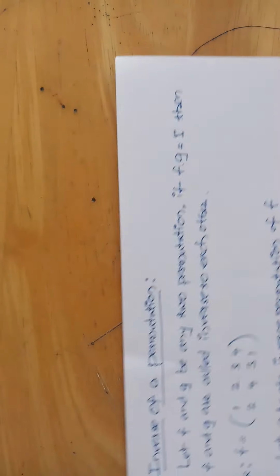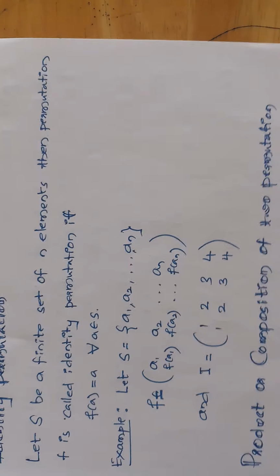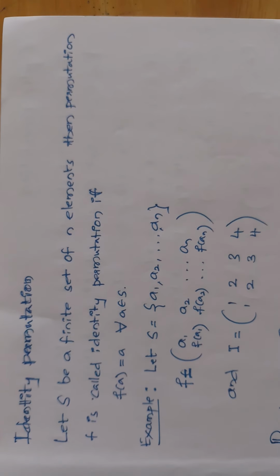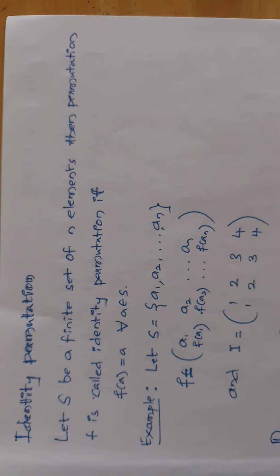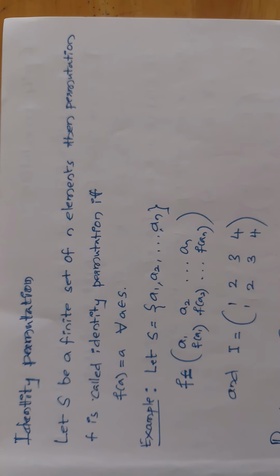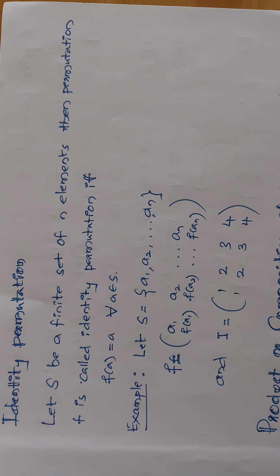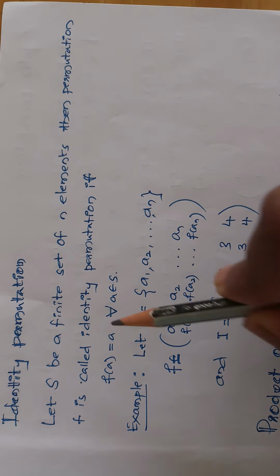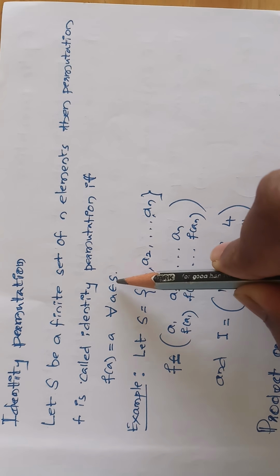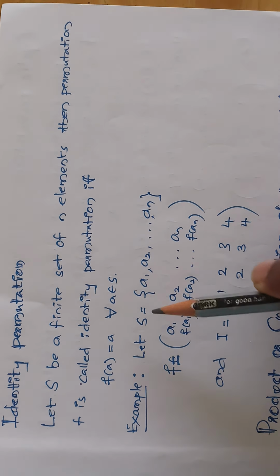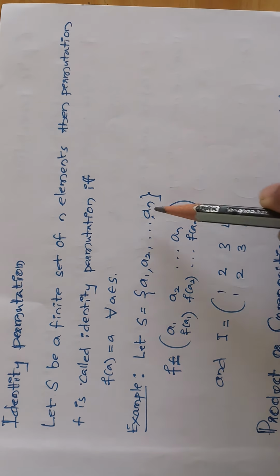So next, identity permutation. Let S be a finite set of n elements. Then permutation f is called the identity permutation if f of a is equal to a for all a belongs to S. Example for this is S is equal to a1, a2, an.